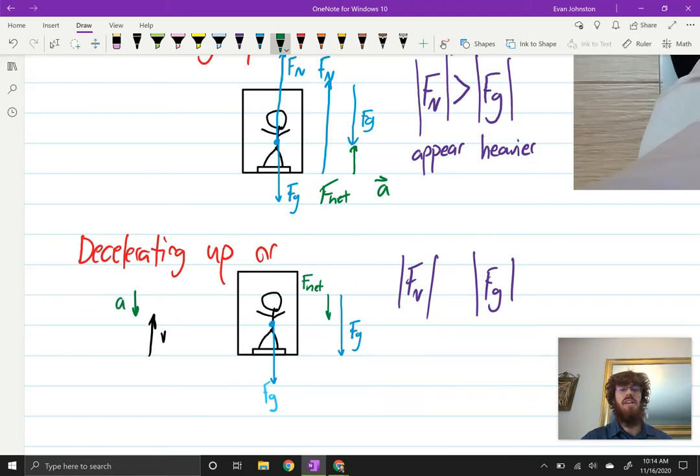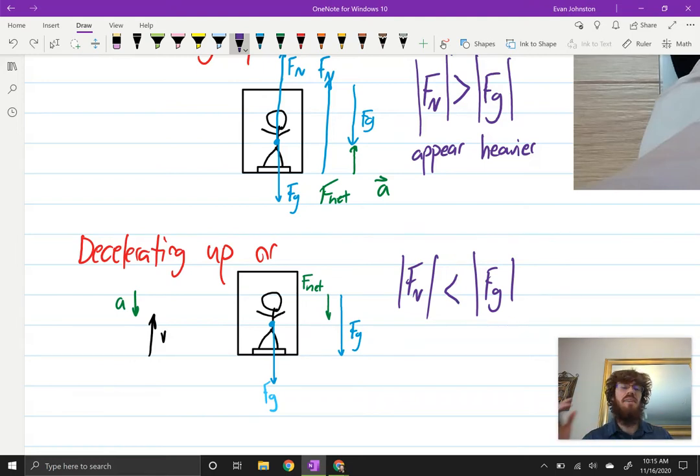If our acceleration has to go down, that means that our net force must be aiming in the downward direction. And so to have a net force going downward, gravity must be winning out over my normal force. So in other words, the size of my normal force is less than the size of my force of gravity.